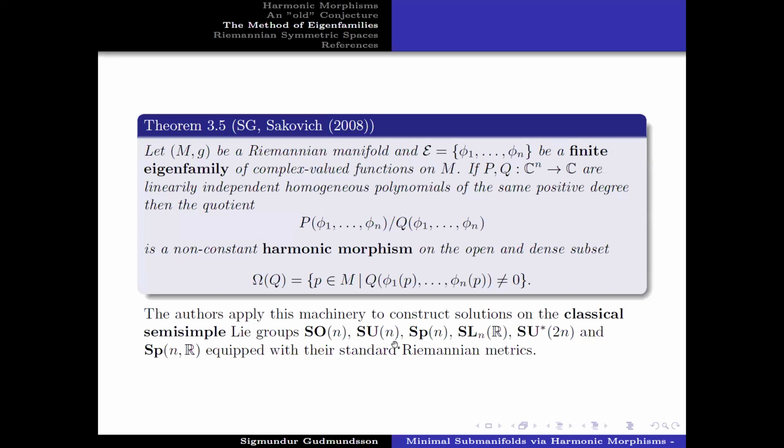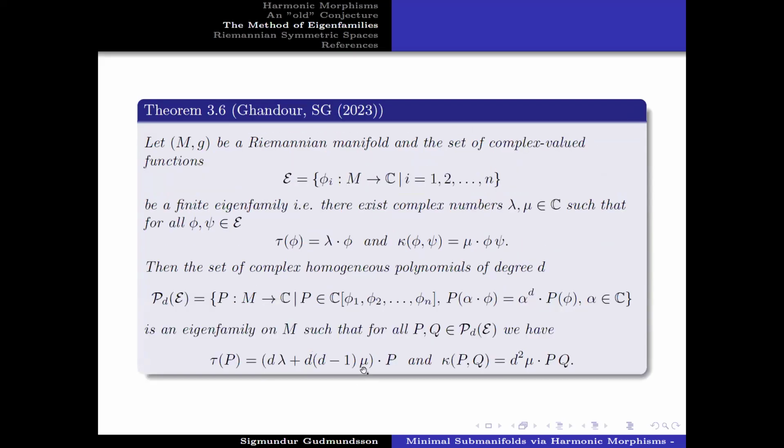So the authors apply this machinery. So we did this, this was the very beginning. So we did this on these groups and also other groups. Now later, if you have an eigenfamily, both eigen to the Laplace operator and the kappa operator, then you can produce all these polynomials of a particular degree, and it turns out that they're also eigenfamilies.